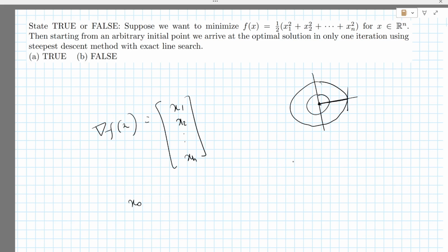Oh, so alpha is of the form: derivative of f(xk) transpose times derivative of f(xk), upon that times Q times that. That type of calculation we have to do. So alpha 0 will be gradient f(x0) transpose gradient f(x0) over gradient f(x0) transpose Q gradient f(x0).